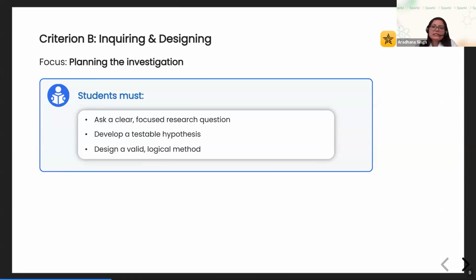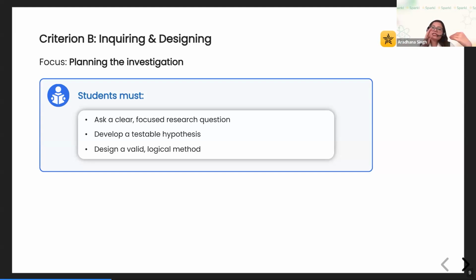Which two variables should mandatorily be there in a research question out of IV, DV, and CV? IV and DV, exactly. So what is affecting which parameter or which variable, that should be clearly mentioned in the research question.